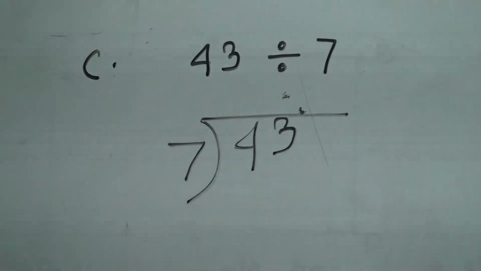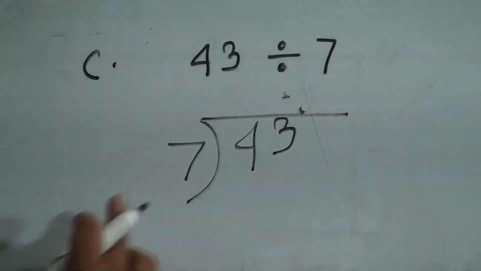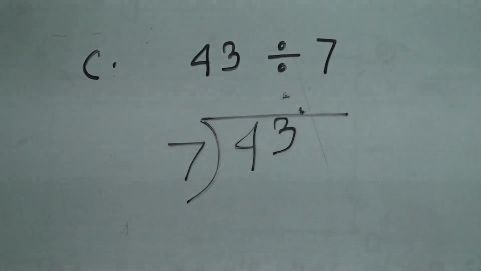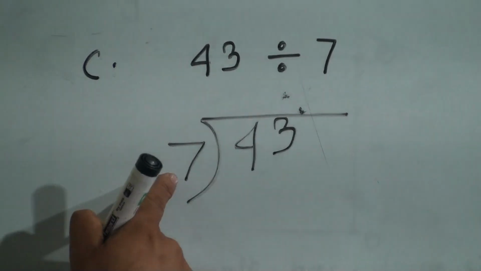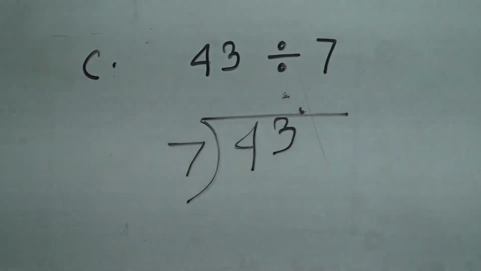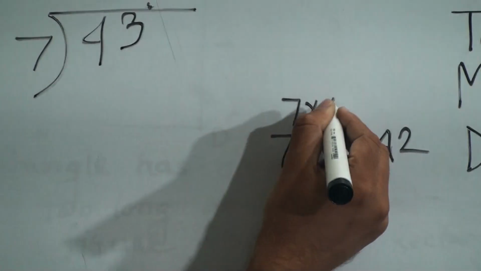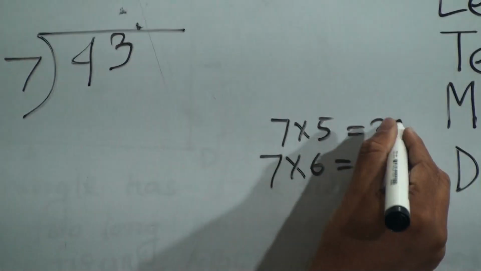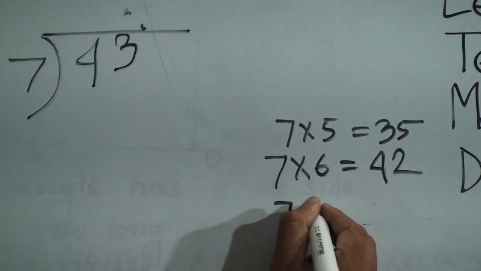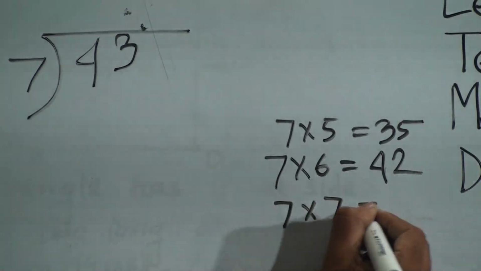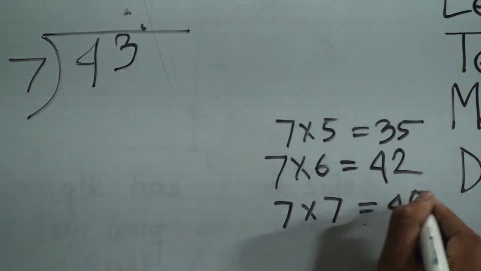Now again memorize the times table of 7. 7 ones are 7, 7 2s are 14, 7 3s are 21, 7 4s are 28, 7 5s are 35, 7 6s are 42, 7 7s are 49.